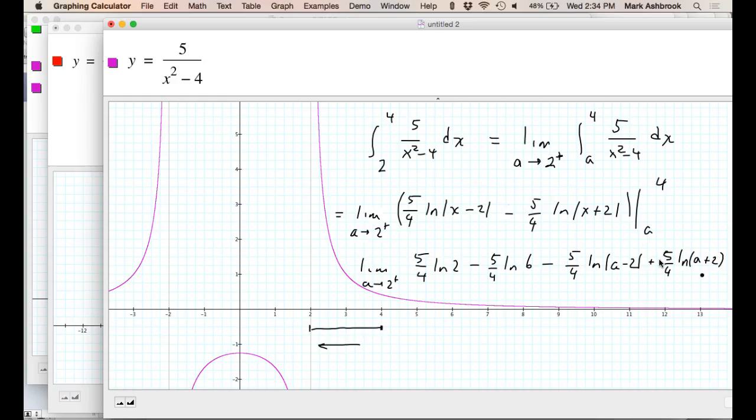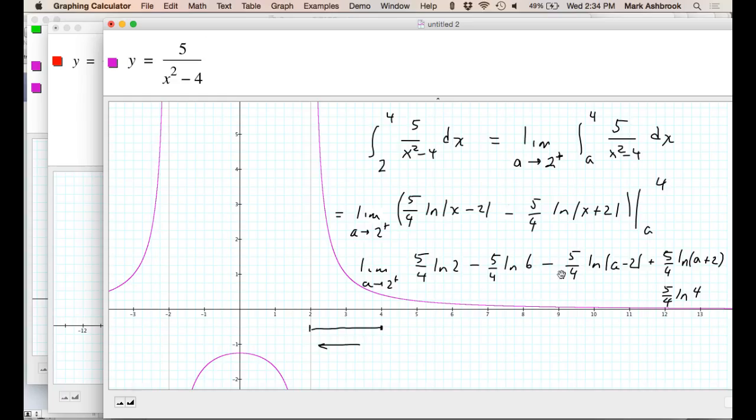So as a approaches 2 from the right, here we get 5/4 natural log of 4. No problem, right? So this is fine. When we evaluate that limit, this will be 5/4 natural log of 4. These don't have anything to do with a, so they just keep their value.